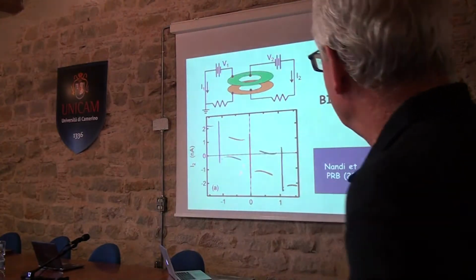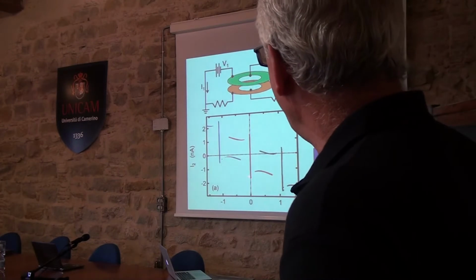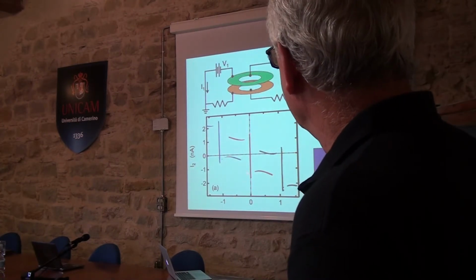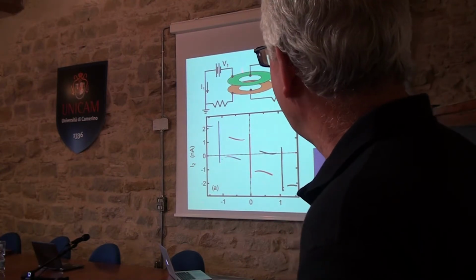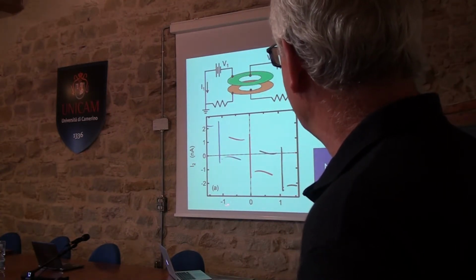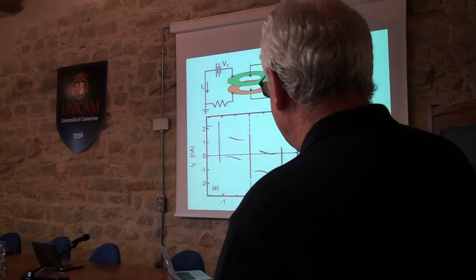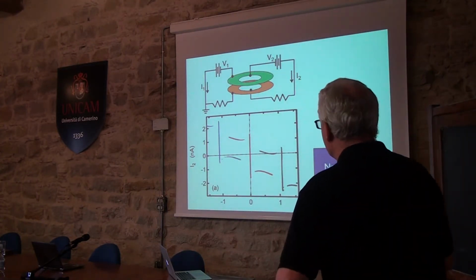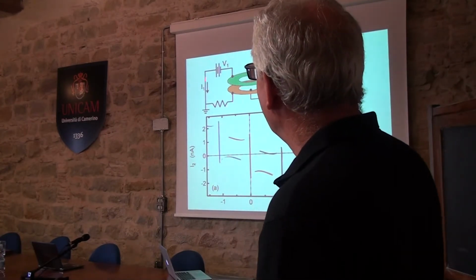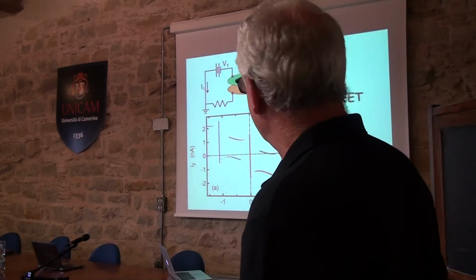And you can see that nothing happens out at the other side of the system, at least. What's plotted along this axis, it's just off your screen for some reason, is the current flowing on the outside of the Corbino ring.